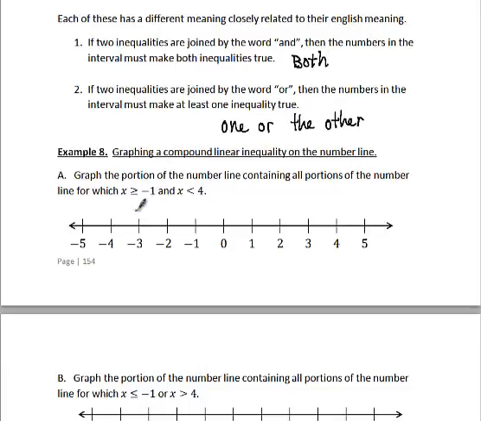So in example 8, we're given a compound inequality. So what we can do is we can sort of plot each one on the number line. So the first one I'll plot with respect to -1. Just looking at this inequality, the first one, we have an equal to bar, so I put a solid dot at -1.